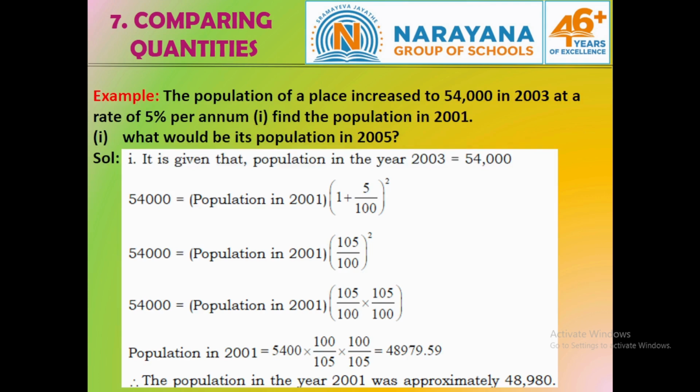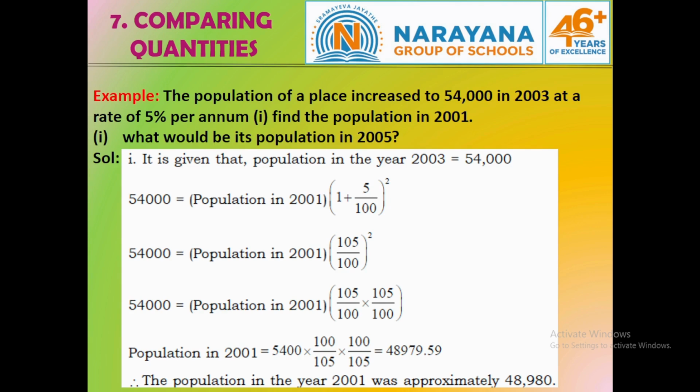And we go with one more example. The population of a place was 54,000 in 2003, increasing at a rate of 5% per annum. Then find the population in 2001. Now, what will be the population in 2005? Two questions.